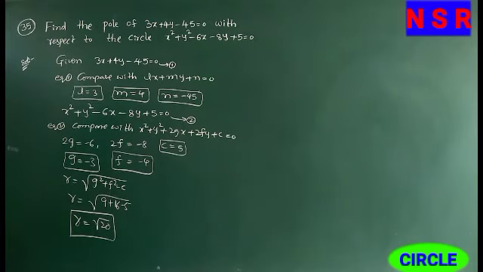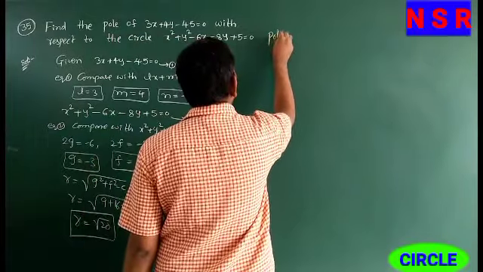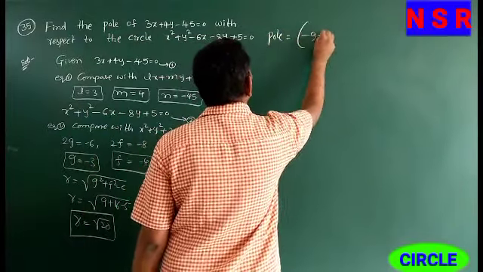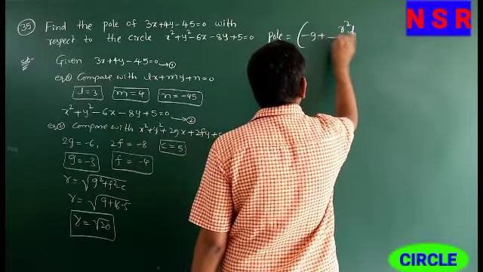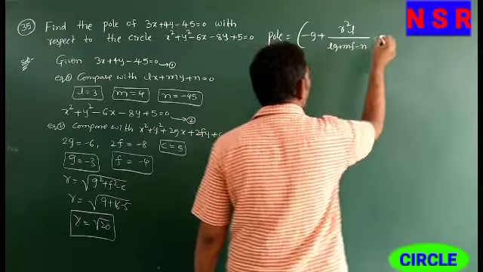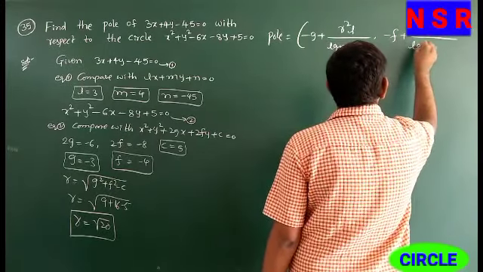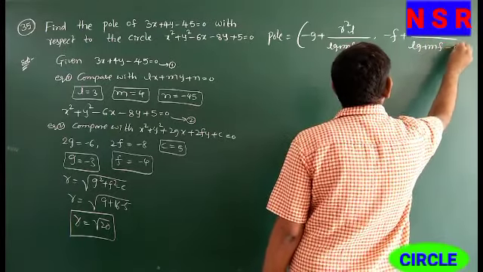So here we get L, m, n and f value, g value and r value. If Lx + my + n equal to 0 line is with respect to circle x² + y² + 2gx + 2fy + c equal to 0, then pole equal to (-g + r²L by (Lg + mf - n), -f + r²m by (Lg + mf - n)).